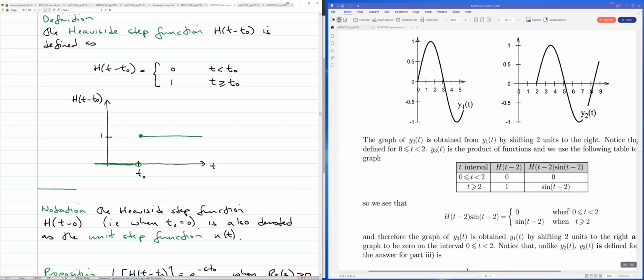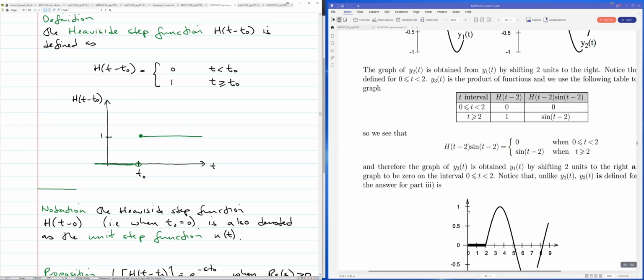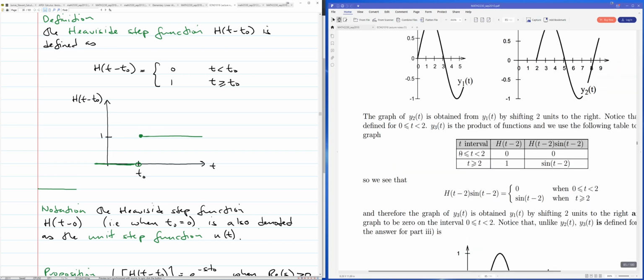And now what I want to do is consider h(t minus 2) times sine t minus 2, the values on the two intervals, from 0 to 2, and then 2 onward. Between 0 and 2, the Heaviside is equal to 0, so the product of the Heaviside times the sine is 0 times the sine, which just gives me 0.